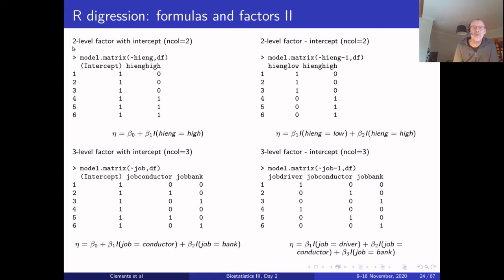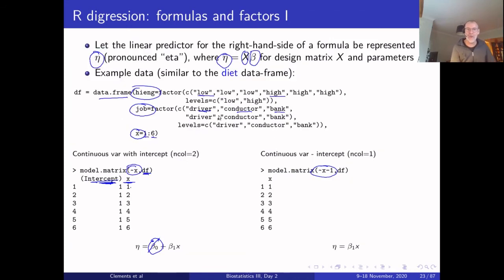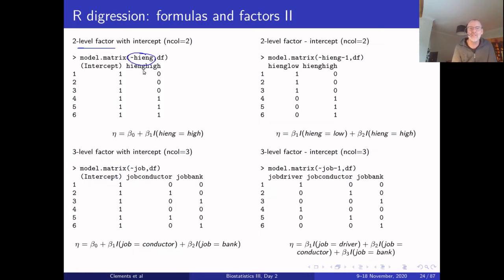Then if we have a two-level factor, such as high energy, I should go back. This assumes that low is the first value and driver is the first value, and it treats low and driver as the reference levels. So it still defaults to giving us an intercept term and then compares the reference with high.